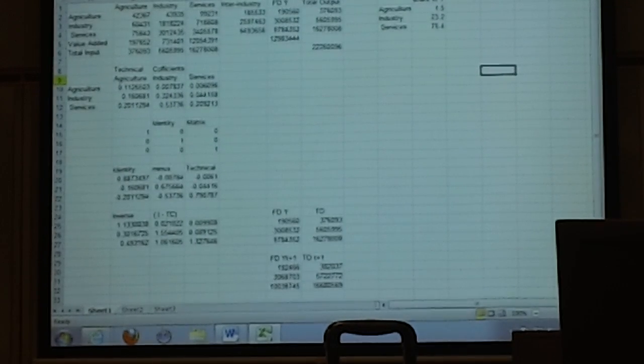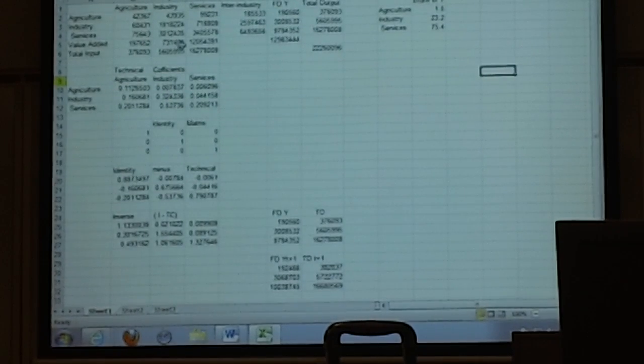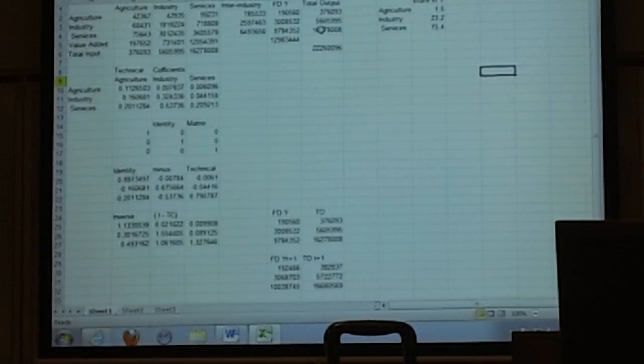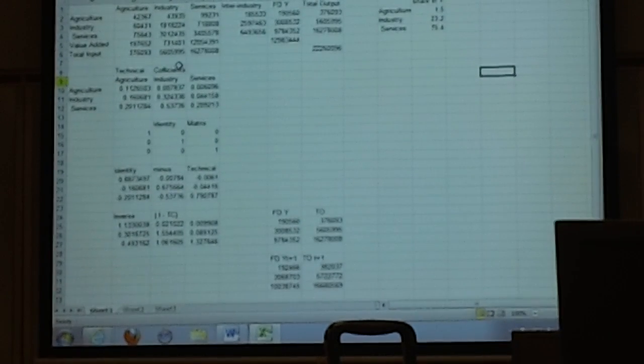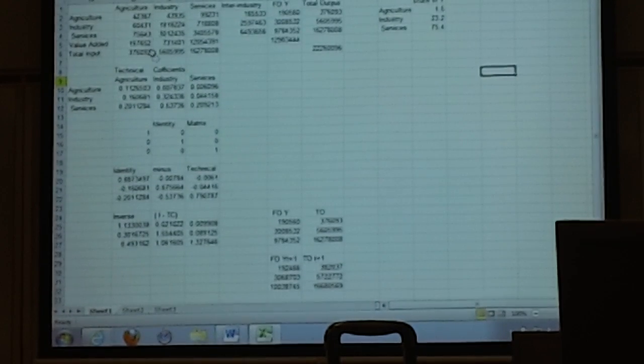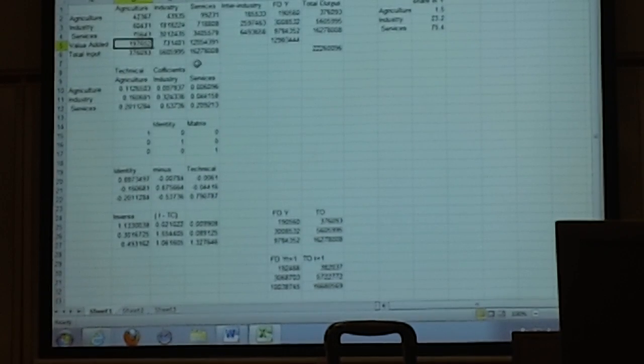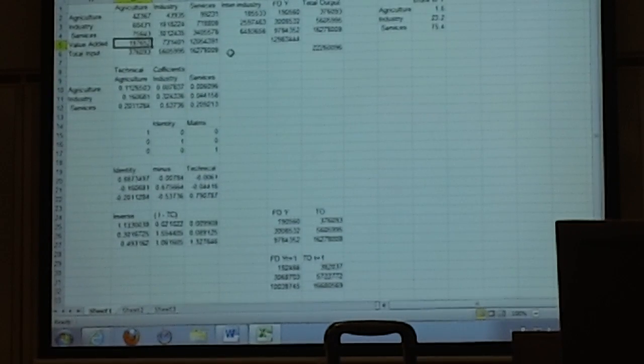Now, when you get these numbers, you take these numbers, put them over here, and see they're exactly the same number. Right? Total output. We add up these 3 numbers, subtract from this, and we get that number. And you can see that over here.